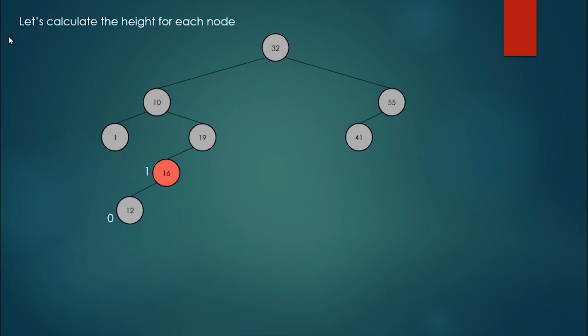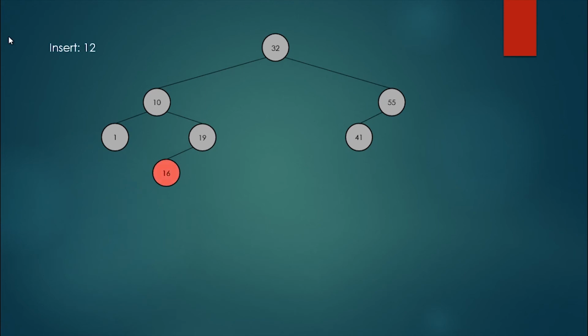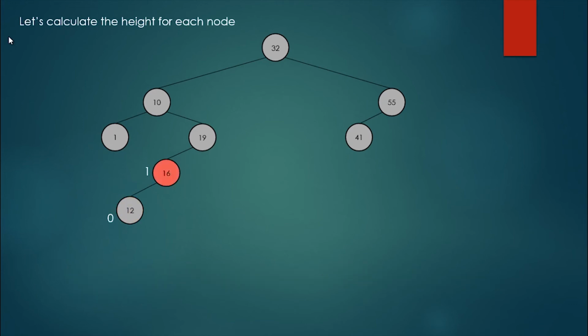If we recall how to calculate the height, we consider the height of the left child and the height of the right child, get the maximum of them and increment it by 1, and that's why it's going to be 1.